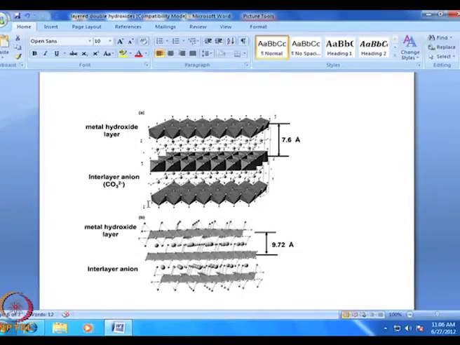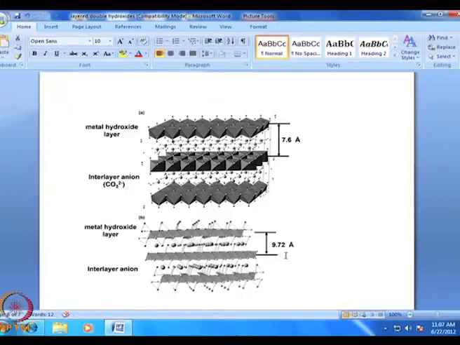You see, in this diagram what I show is again the brucite layers. I can change the distance between the two brucite layers by controlling the size of the interlayer anion.